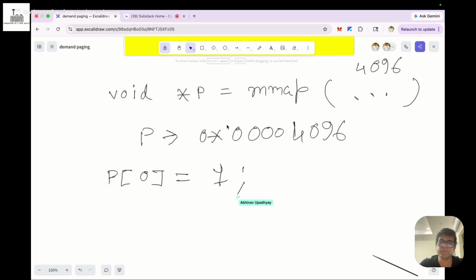This is the way all real world applications and libraries are written. Even the malloc library is implemented the same way. It uses mmap under the hood. So it would call mmap to allocate a large chunk of memory. It might allocate 1 MB, 2 MB, or 10 MB, some large segment of memory using mmap.